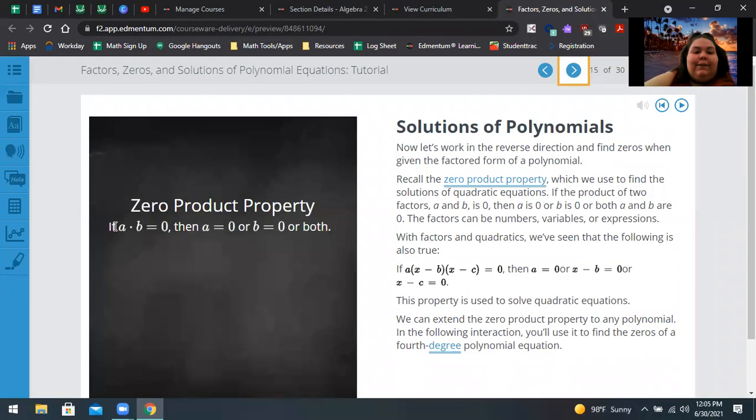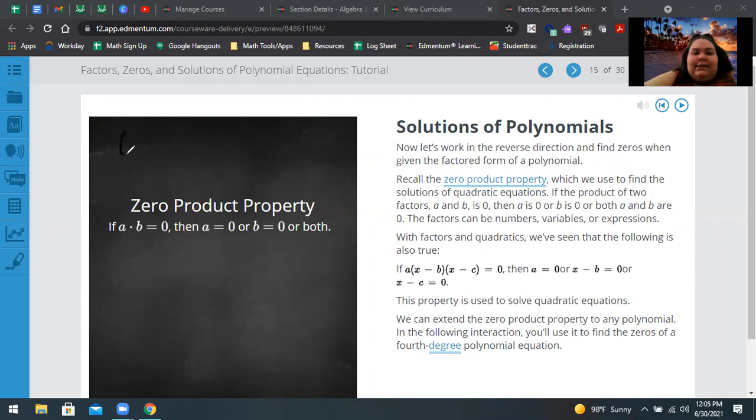Okay, so if A times B is equal to 0, then A is equal to 0, or B is equal to 0, or both. So this concept of zero product property is that we are going to be multiplying, right? But our A and B is not just a number A or B. So it's A times B is equal to 0.